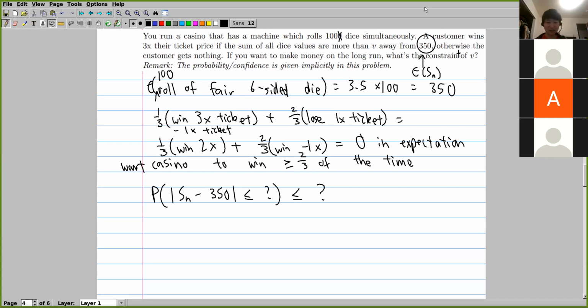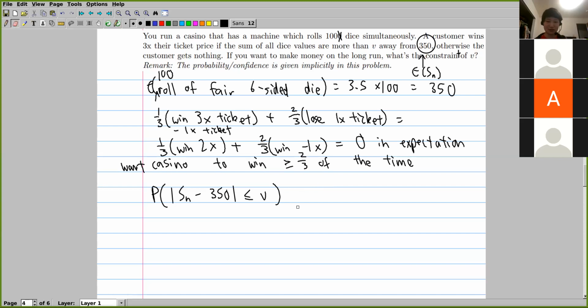Does anyone have any ideas on what we should put in either of the blanks? Should we put V in the first question mark? Yes. And then 1 minus the what? No, wait. Shouldn't it be flipped around or no?